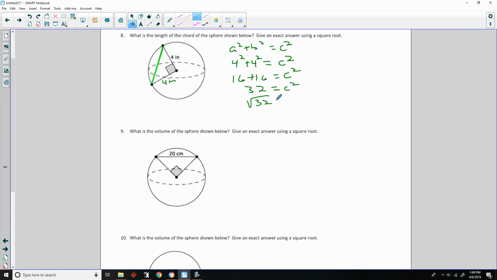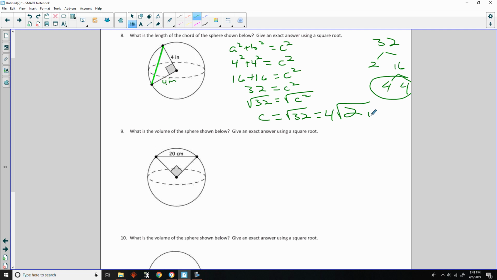Take the square root of c squared, and we get c equals the square root of 32. The square root of 32 simplified is 2 times 16, and 16 is a perfect square of 4 times 4. There's my perfect square, and that would be 4. Two 4s make one outside, and the leftover goes inside. So it's either the square root of 32 or 4 square root of 2 inches.